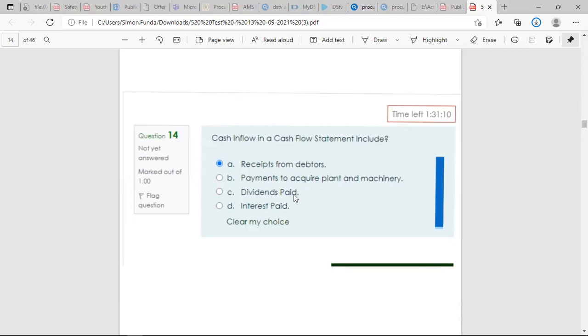Dividends paid, money going out of the entity, is also a cash outflow. Interest paid is also a cash outflow. But if it was interest received, it would be a cash inflow. If it was dividends received, it would be a cash inflow. But paid, all these are cash outflows.